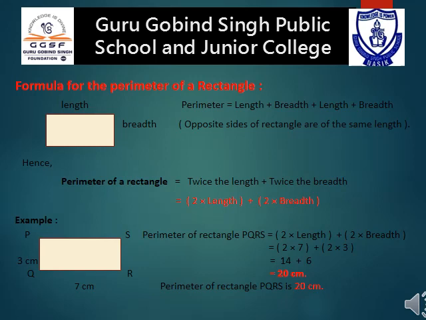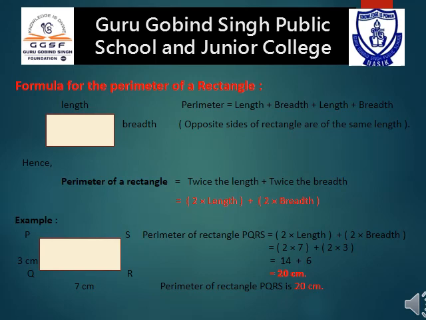Here the diagram of a rectangle is given and the length and breadth are also written there. So when we are going to find the perimeter of this rectangle, we have to add all this length and breadth. So perimeter is equal to length plus breadth plus length plus breadth.